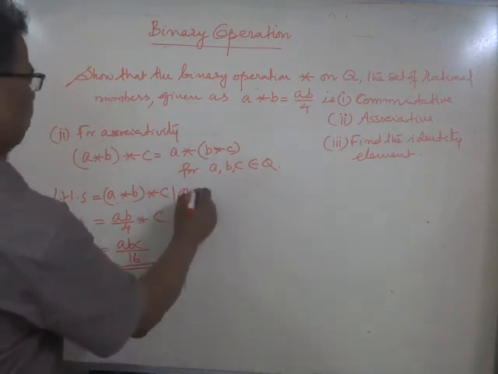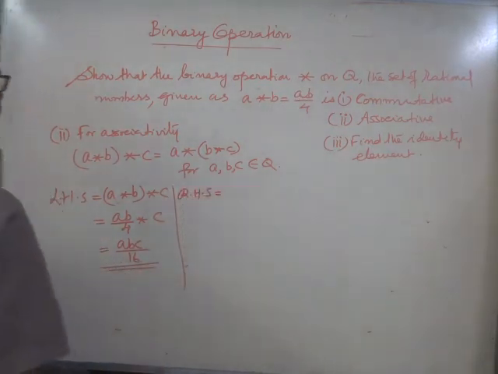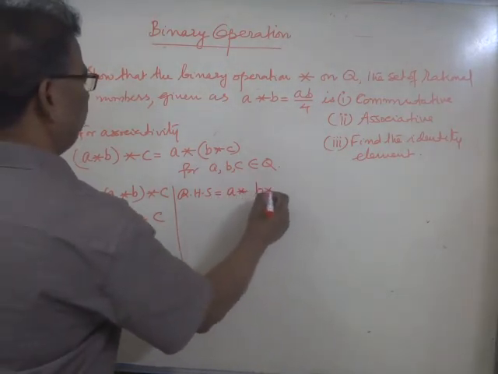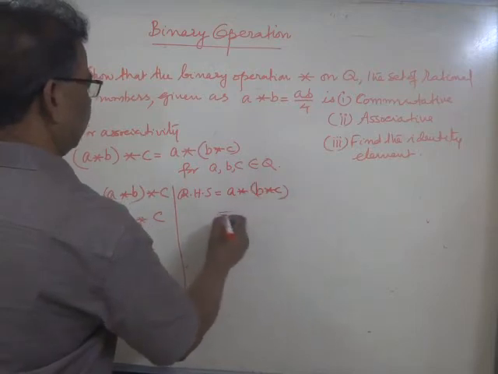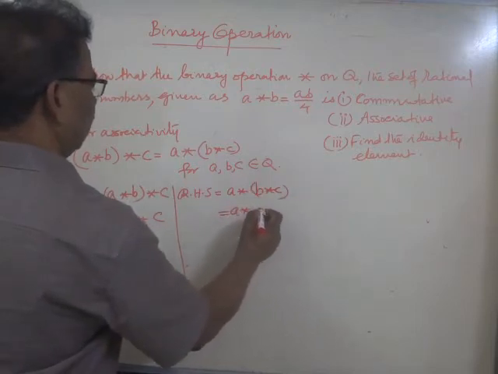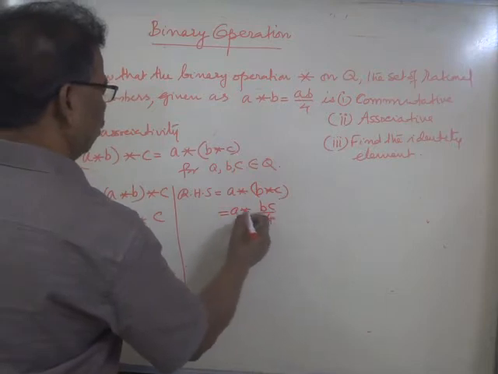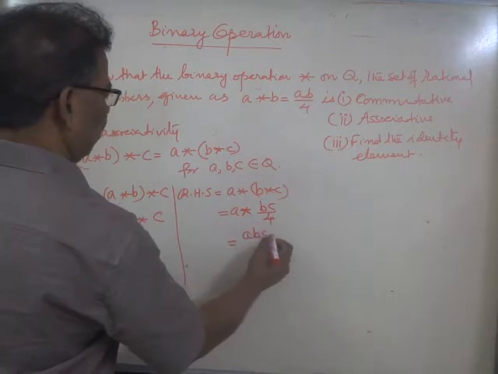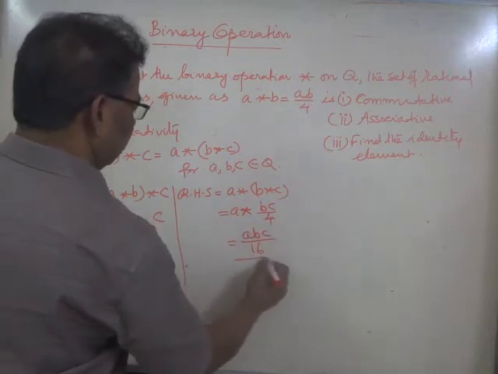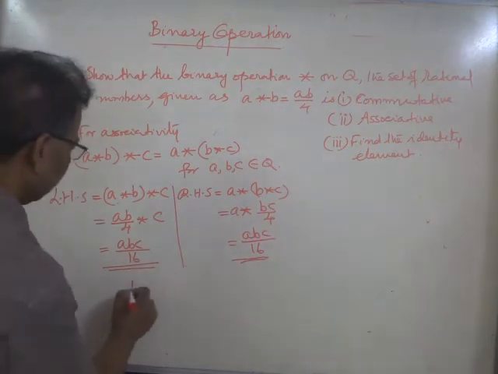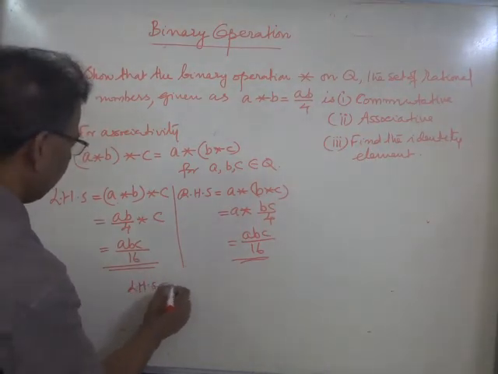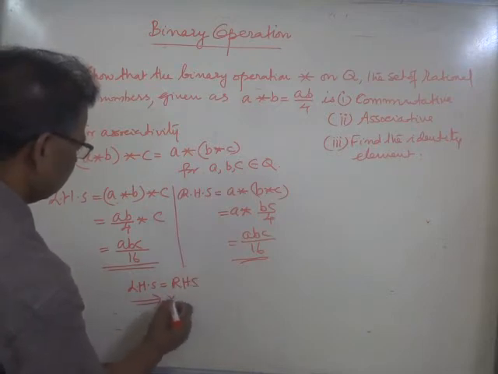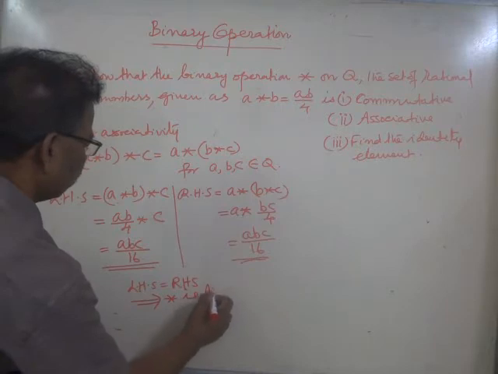Now RHS equals A star (B star C), that is equal to A star BC by 4, that is equal to ABC by 16. Here LHS equals RHS, implies star is associative.